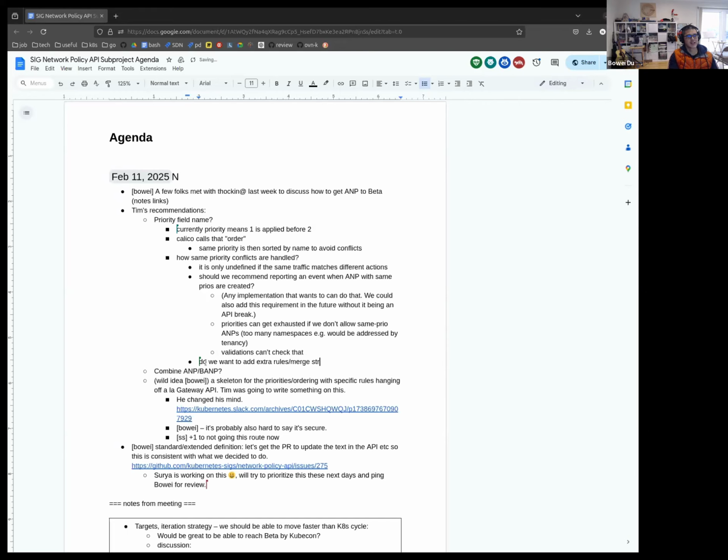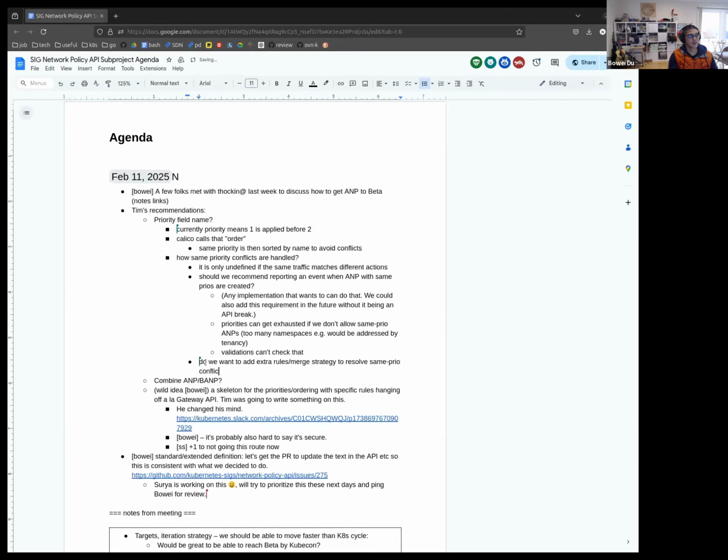It seems like something every implementation needs to fill in, because this is a security-oriented API. So you do need a very specific statement about what happens. Let's say you had to do a security audit and you found that you accidentally wrote multiple rules that intersected on the same traffic.